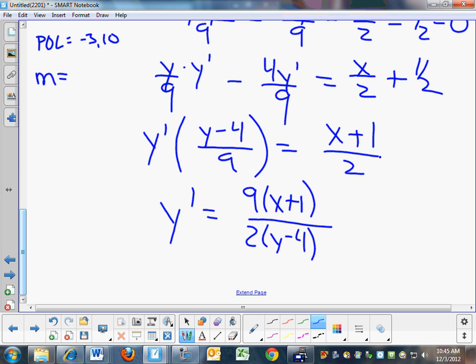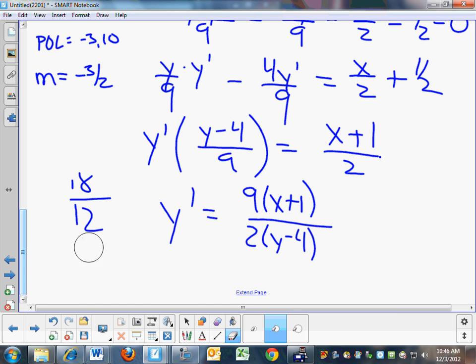Negative 3 plus 1 is negative 2, times 9 is negative 18, over 10 minus 4 is 6, times 2 is 12. Negative 18 over 12 is negative 3 halves. So we just figured out that the slope of the line tangent to that hyperbola at point negative 3, 10 is negative 3 halves.